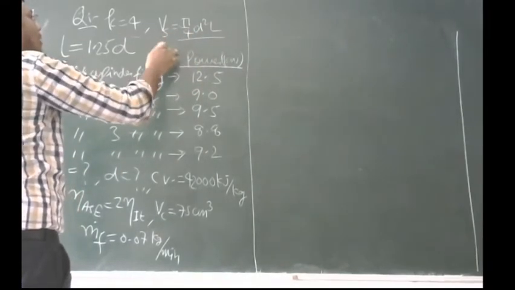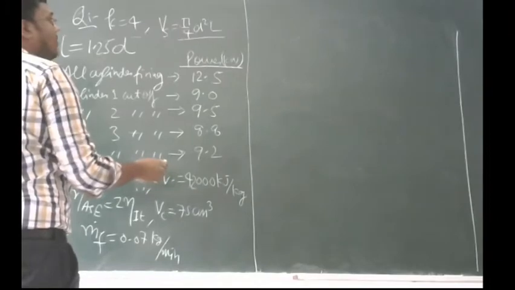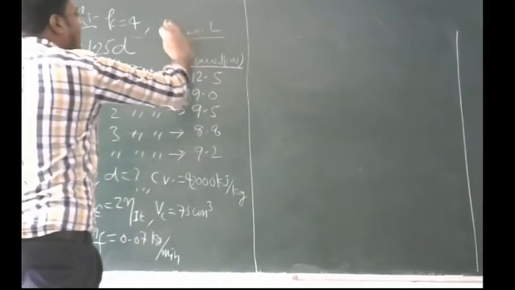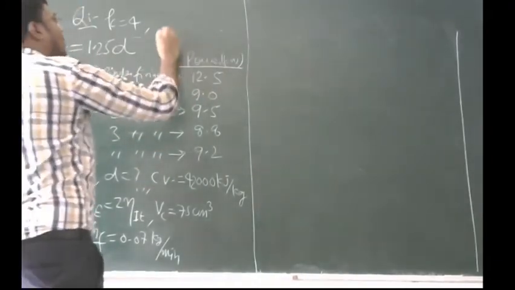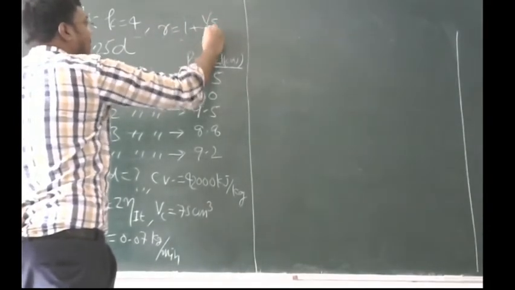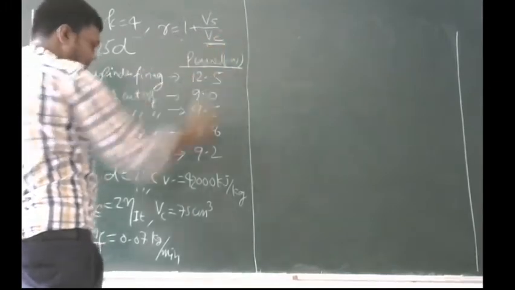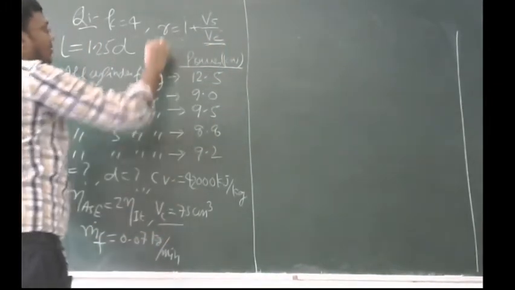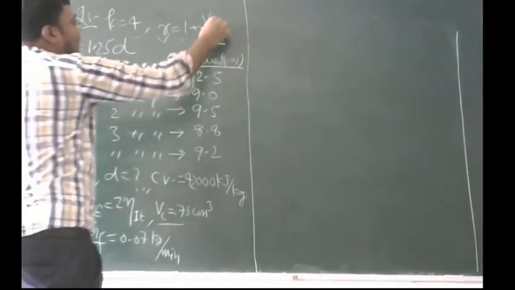To calculate Vs, we have to use the formula of compression ratio: R is equal to 1 plus Vs by Vc. Now in this equation Vc is given in the question. If we find the value of R, then we can find the value of Vs.